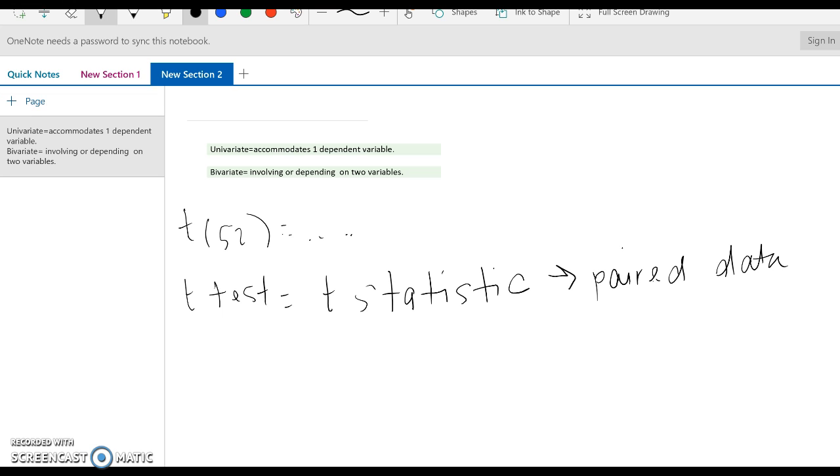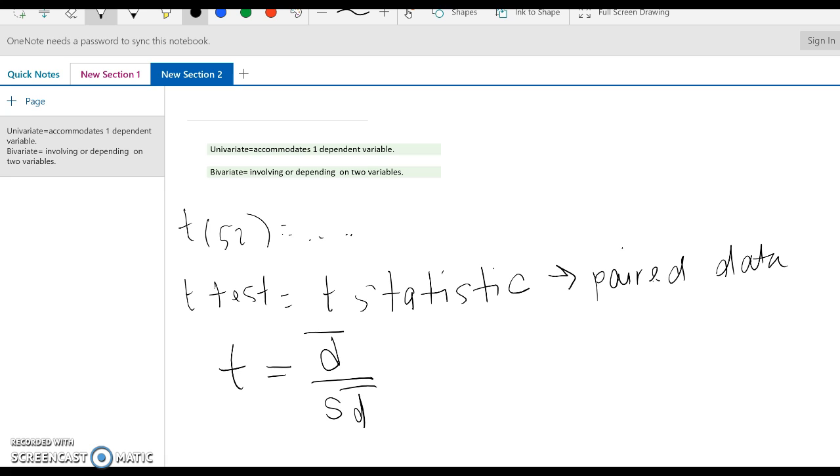The t-statistic for paired data looks like this. T equals d-bar over SD. Okay?